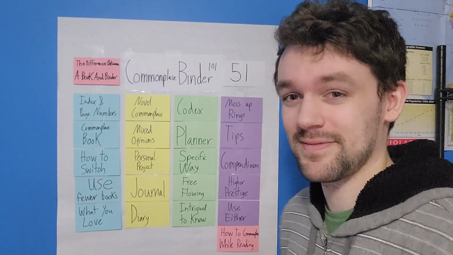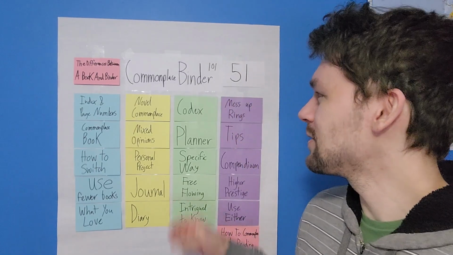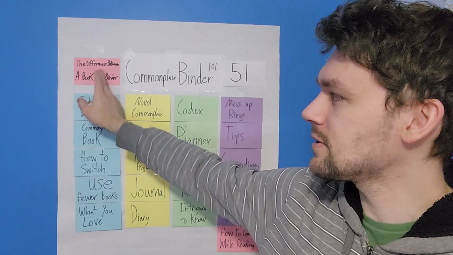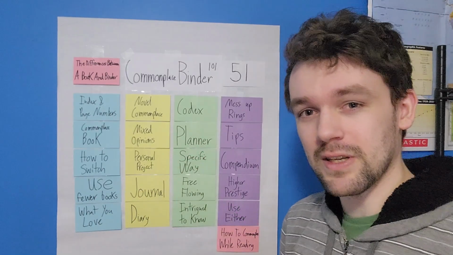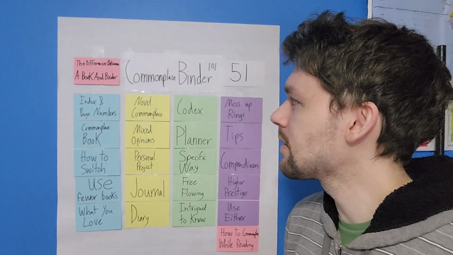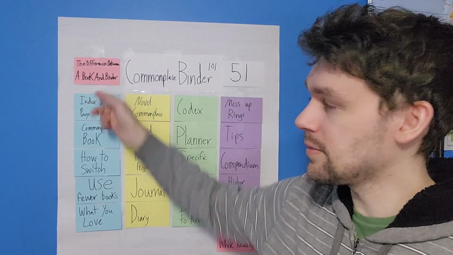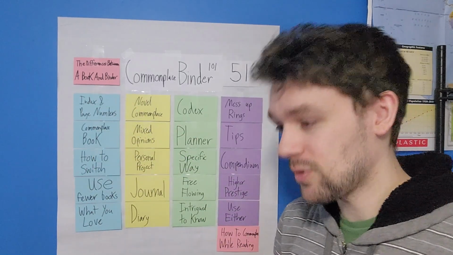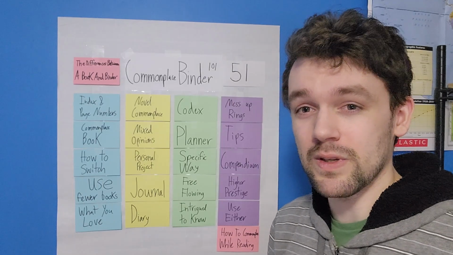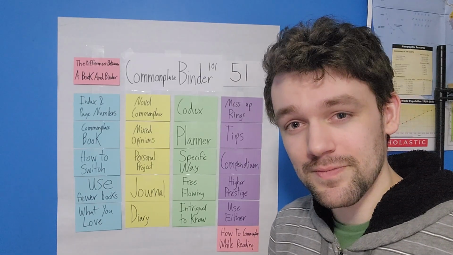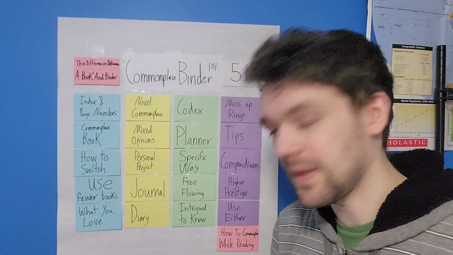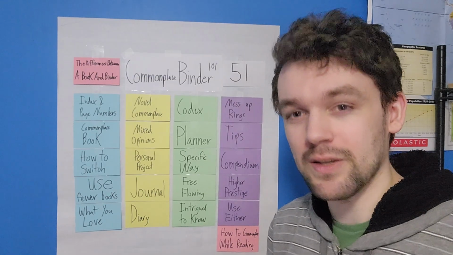I don't know. So, planner. Differences between a book and a binder. What does a planner have to do with this? Well, if you put a planner in a Commonplace Book, you're going to cross the stuff out because you're going to get to the stuff really quickly, and then it's just going to sit there, and you can't do anything with it. Now, this is one of the main benefits of having a binder.